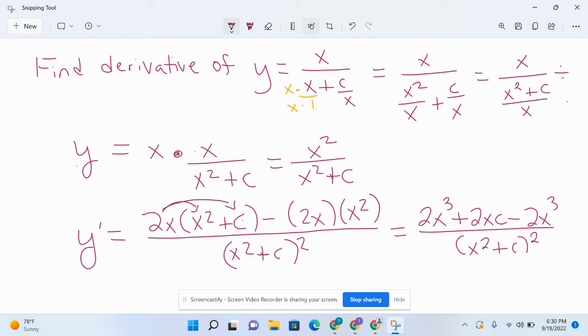And the nice thing about what we have here is the 2x cubed minus 2x cubed goes away. So my final answer is 2xc over x squared plus c squared. It just looks neater than what we were coming up with.